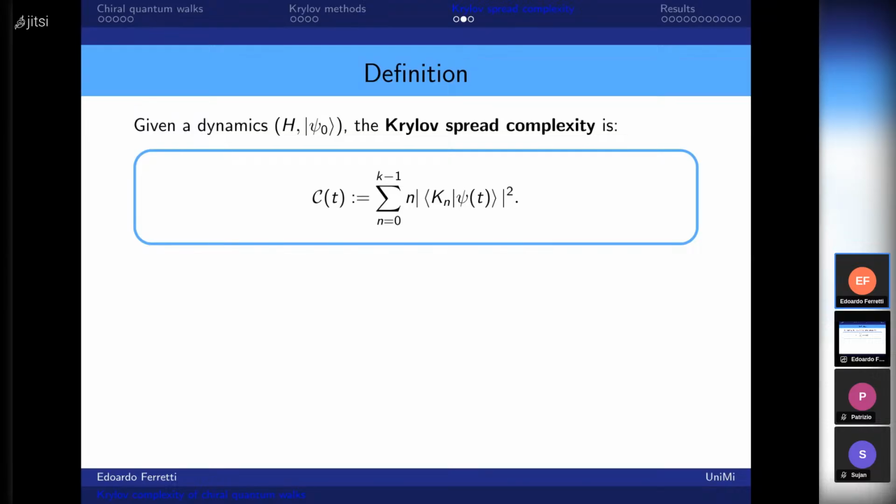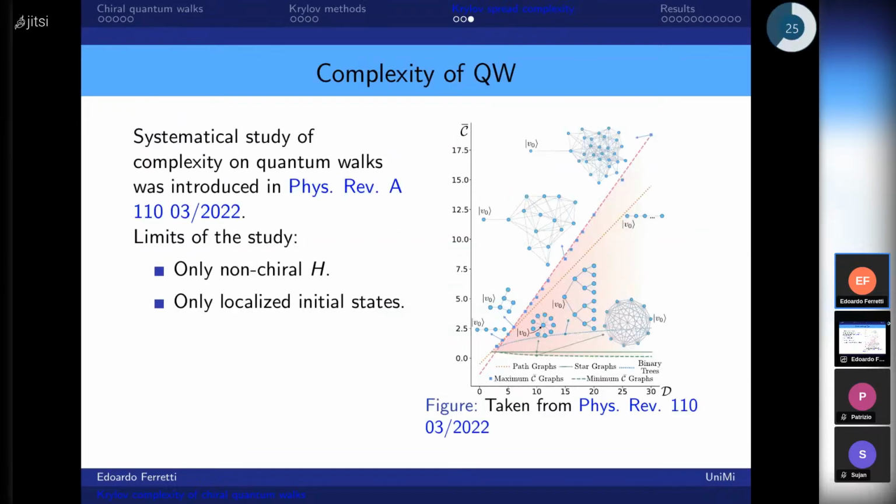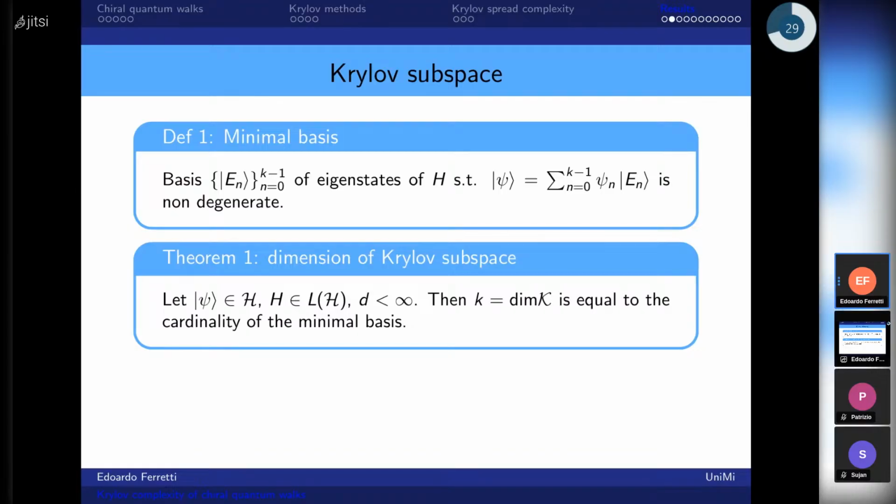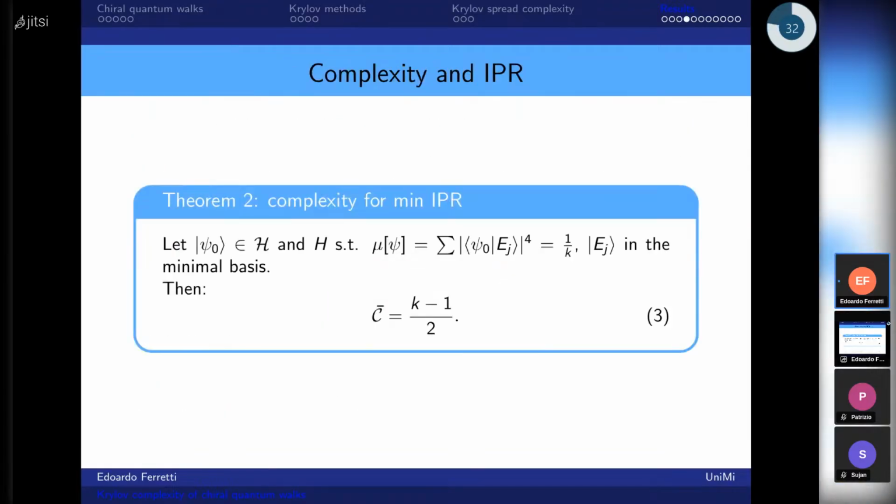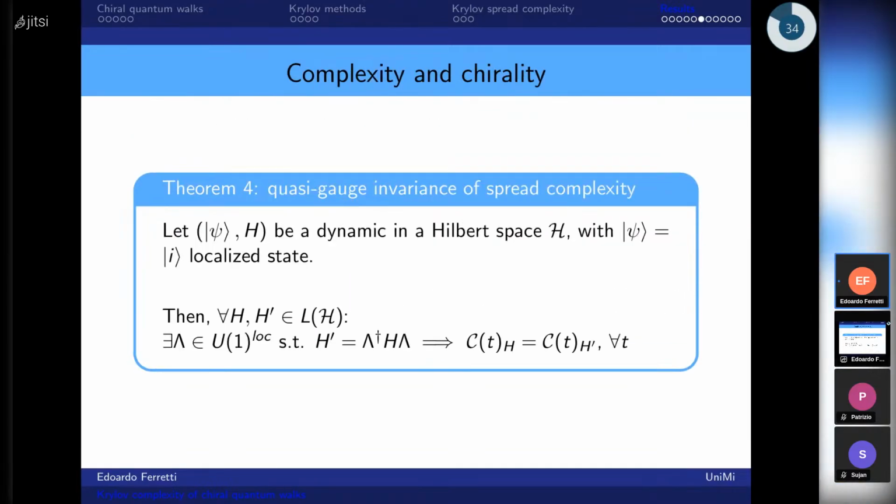The other Krylov vectors of an initially localized state are in general almost never localized. So this is not a trivial consequence of this. It's a consequence given by the structure of the Krylov basis and how it is defined.